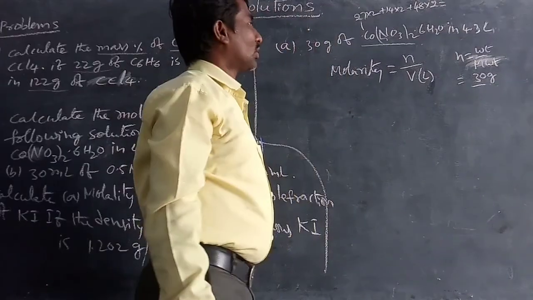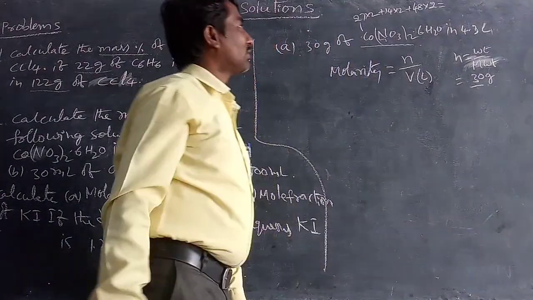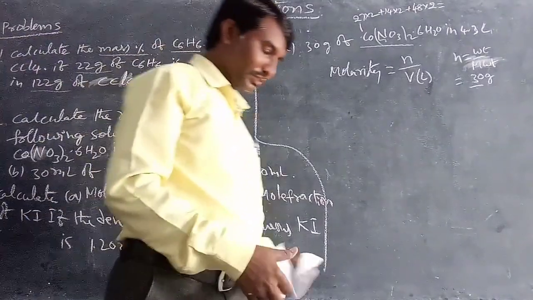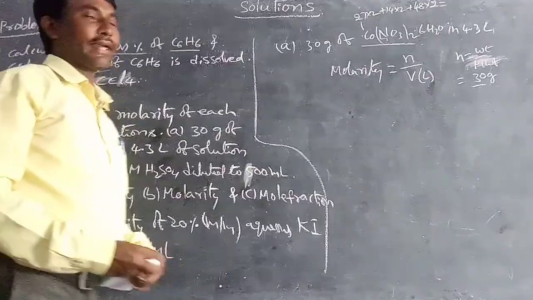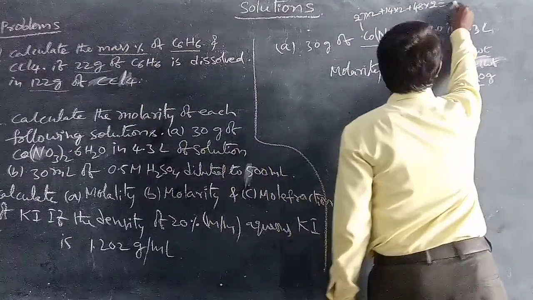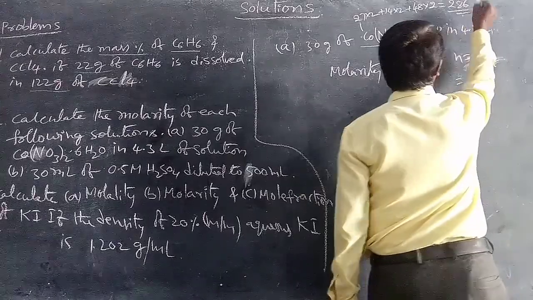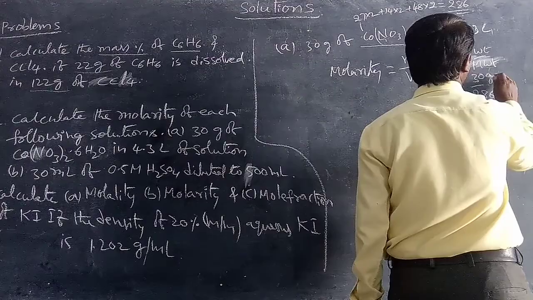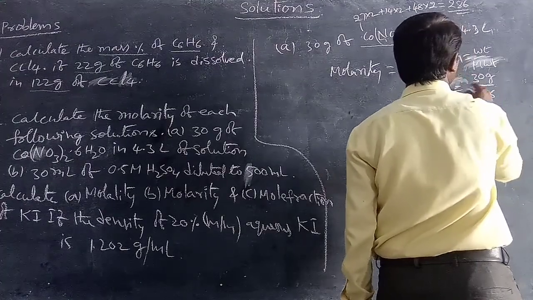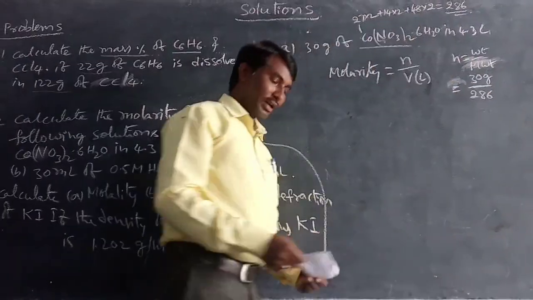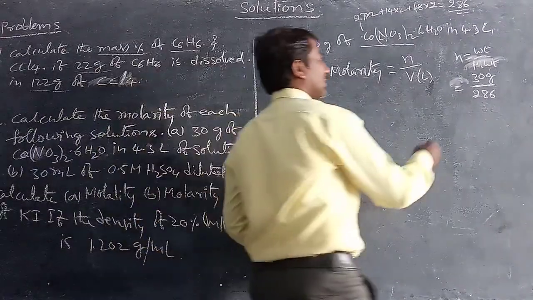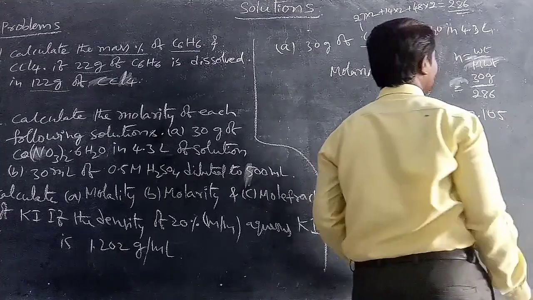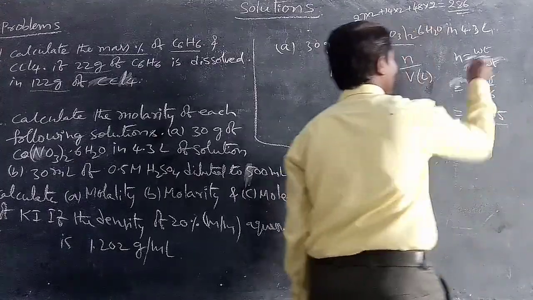So the molecular mass of Co(NO3)2·6H2O is 286. So 30 by 286 gives the number of moles, which is 0.105 moles.